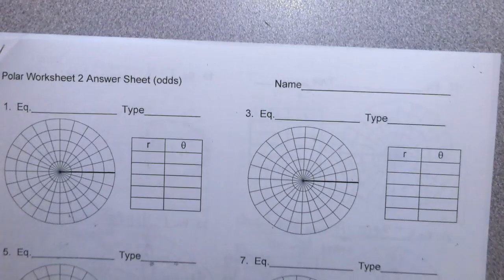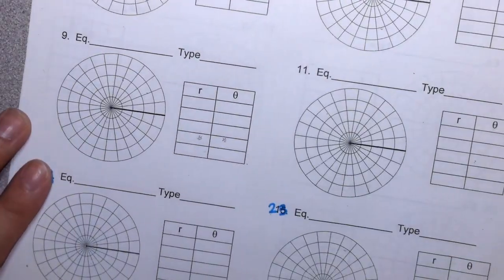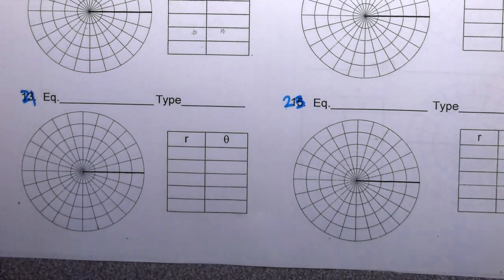Yep. Okay, I want you to flip in your answer sheets. Can you flip over to problem number 21? We're going to do 21 and 23 together. So I already did 21 for first period, so I'm just going to make this my number 21.